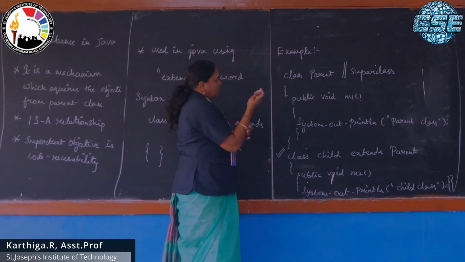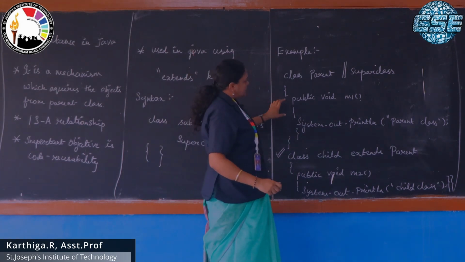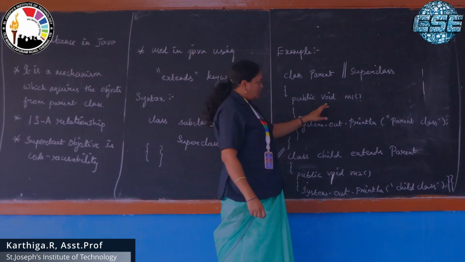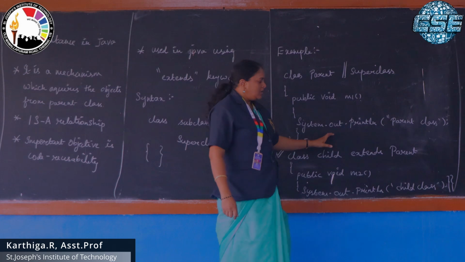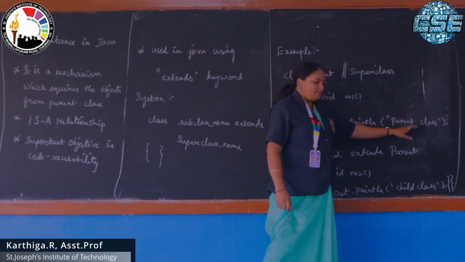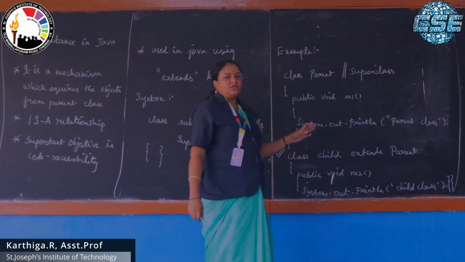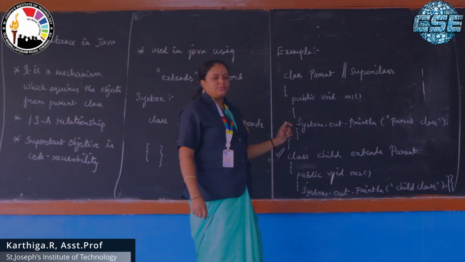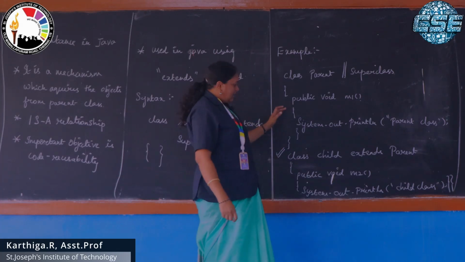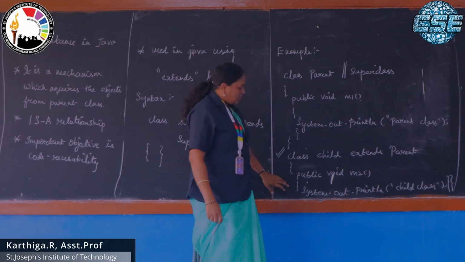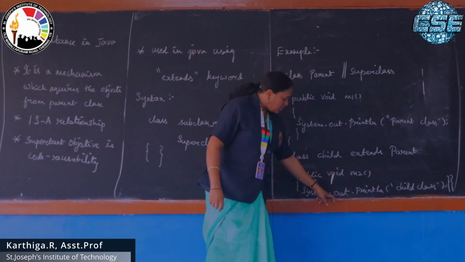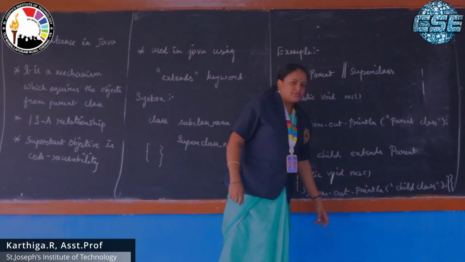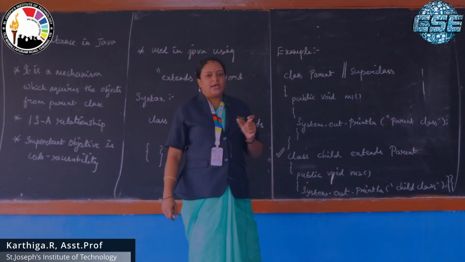The parent class has a method named m1, which displays the output content of the parent class, given in the output statement System.out.println. Likewise, child also has method m2, with an output statement declared inside the child class.